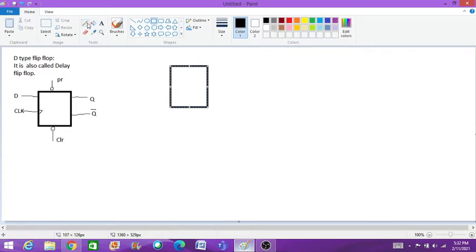So here we draw an SR flip-flop. There are two inputs, or you can say J and K, and there is a clock and preset and clear button also, and the outputs are Q and Q bar.